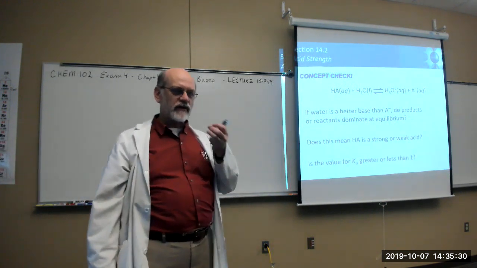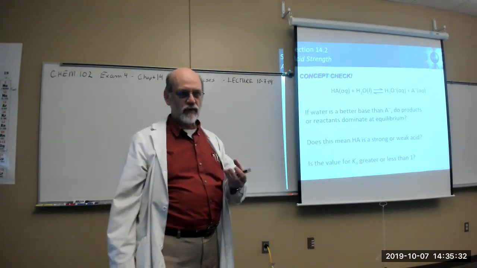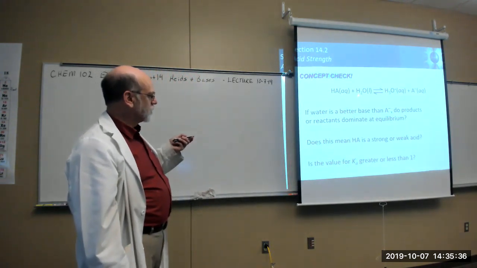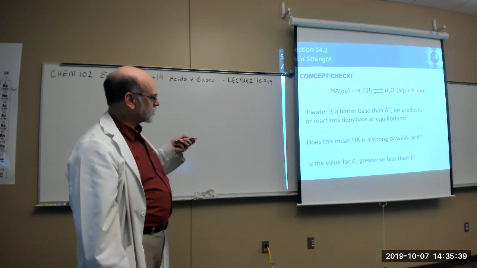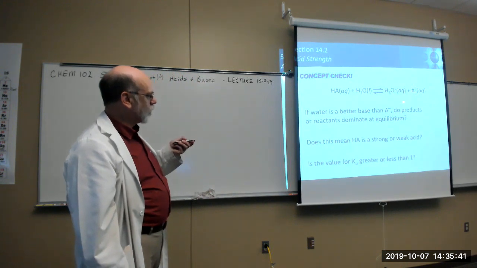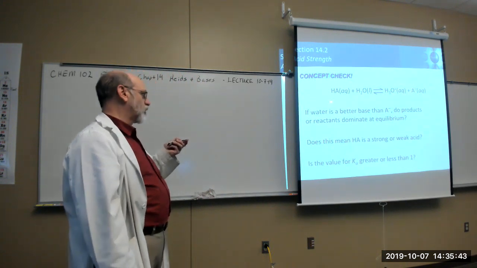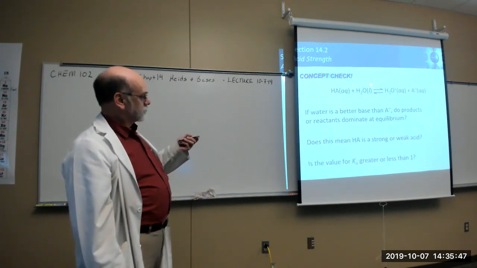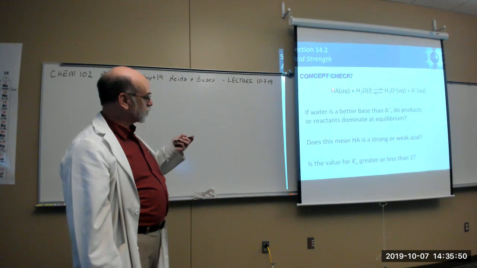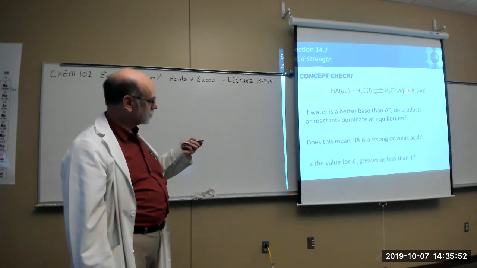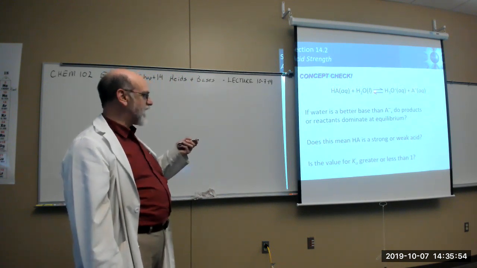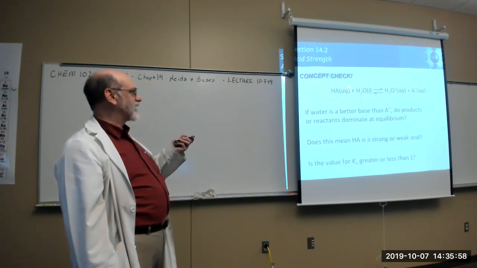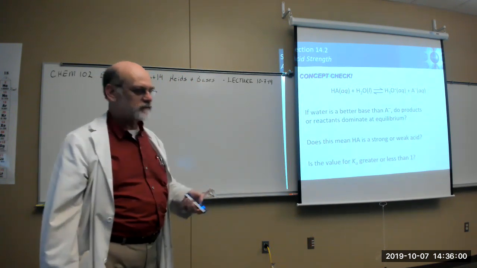A better attractor of protons, a better acceptor of protons. So if water accepts protons better than A minus, then are we going to have more product or more reactant? Yep. This is going to really latch onto those protons. That puts it over here. And this is going to try to come back, but it's not as good at coming back as water was going forward.